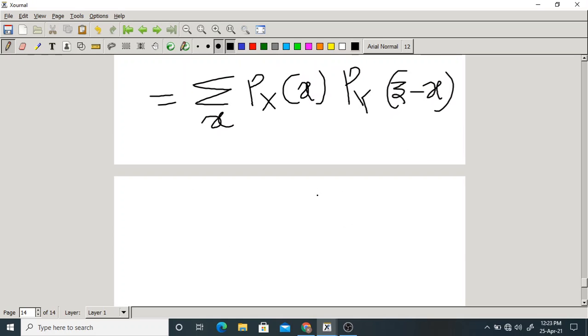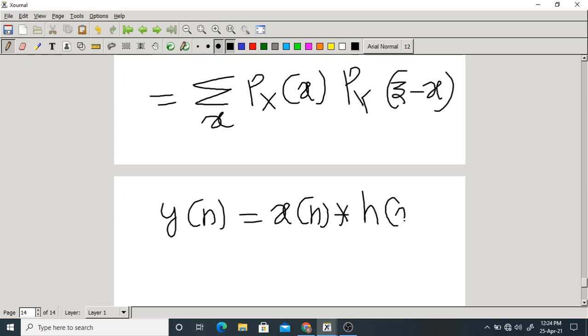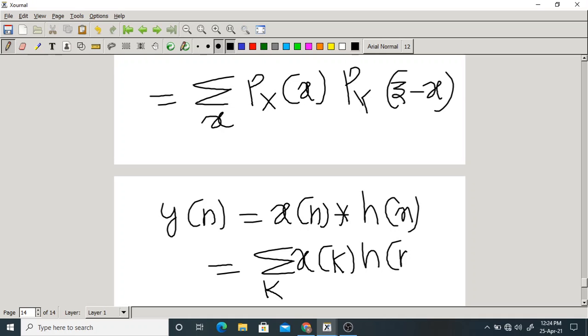Suppose in the discrete case, if I ask you y of n equal to x of n convolution h of n, what is the formula you write? Summation over k, x of k, h of n minus k.